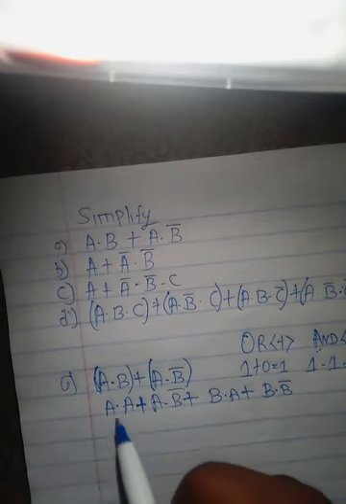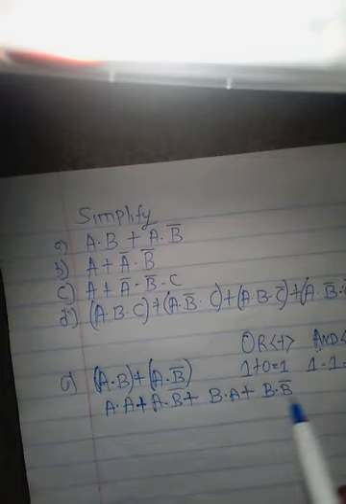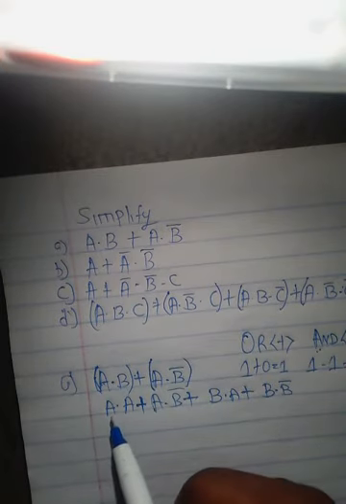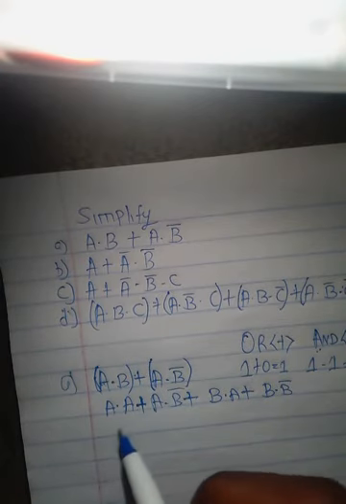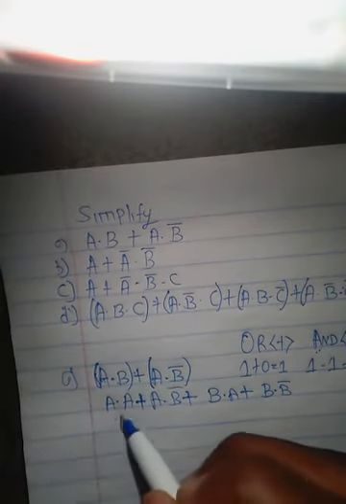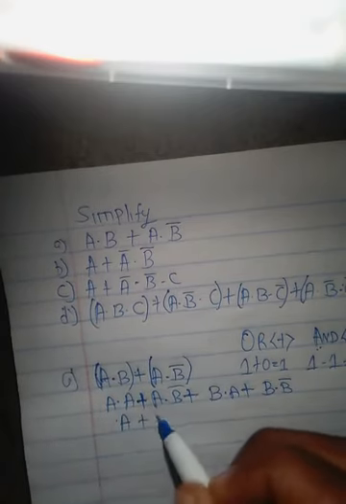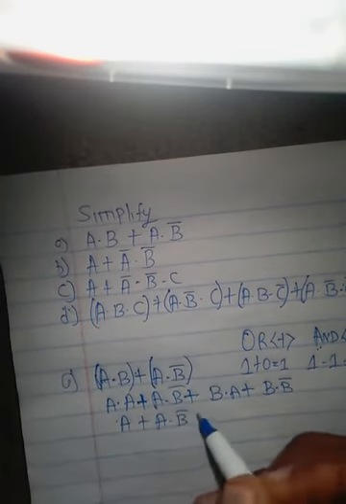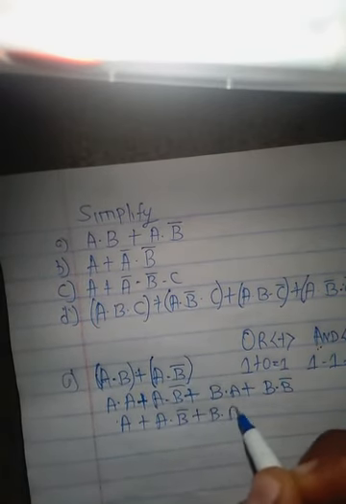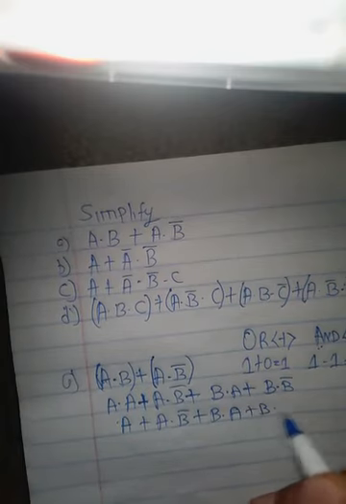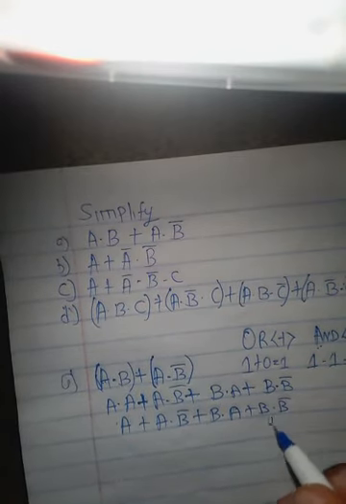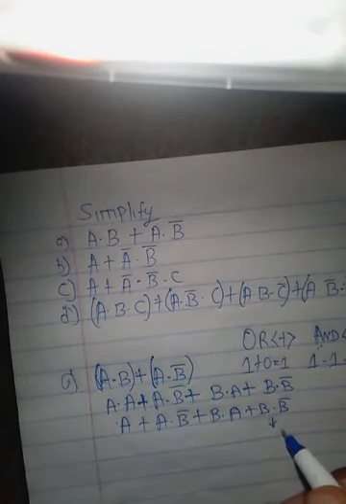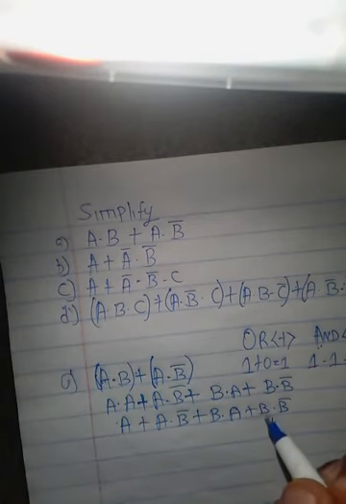Here we can use some of our laws to simplify. If you recall, A dot A is equal to A. So you have A, plus A dot B bar, plus B dot A, plus B dot B bar, which if you recall should equal 0. Let's test that out.